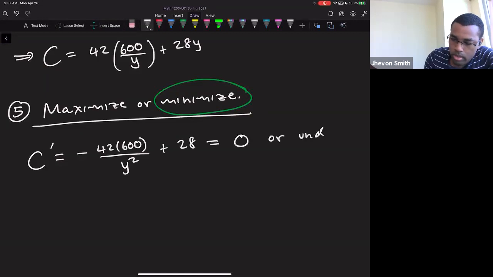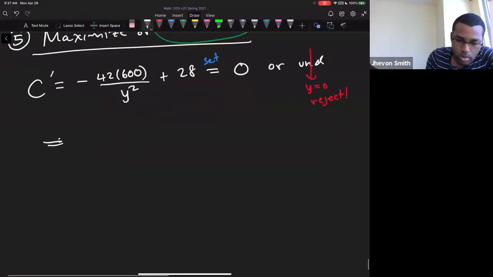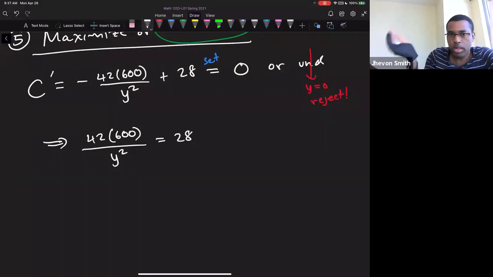Set that equal to 0 or undefined. It's undefined if Y equals 0, reject. So now we end up with 42 times 600 over Y squared equals 28.